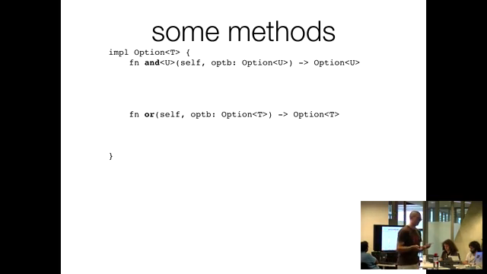With that interpretation, it makes sense to want to and or or these things together, and indeed we have these functions. So and takes another option, and we can look at the two, and if both of those are true, like Some, then we're going to return the second one that we passed in. And if either of them is None, like false, then we return None.